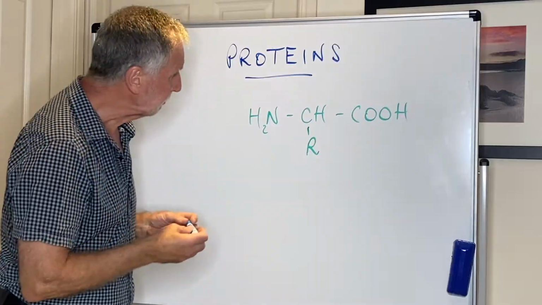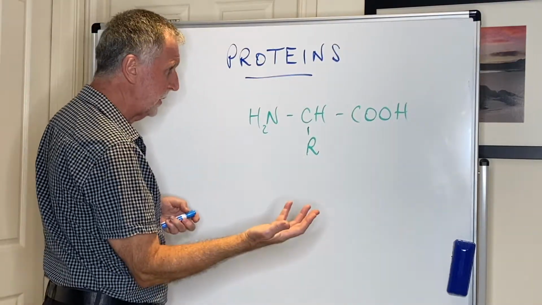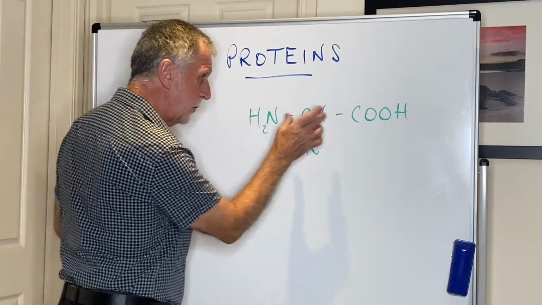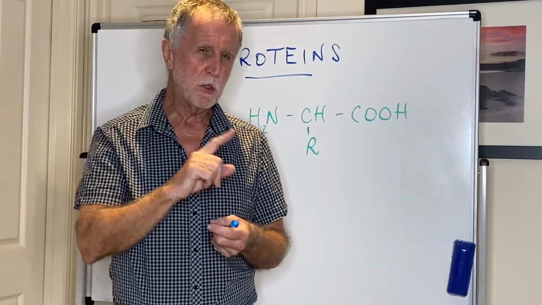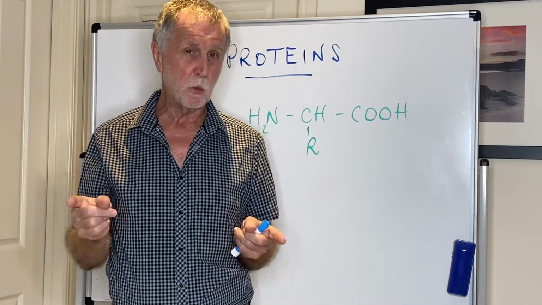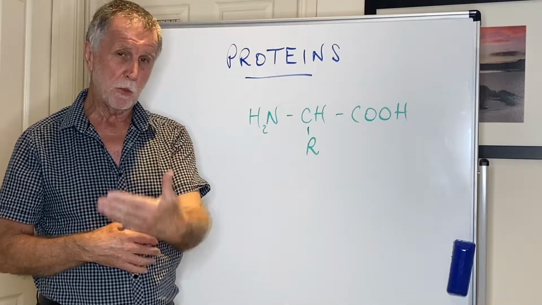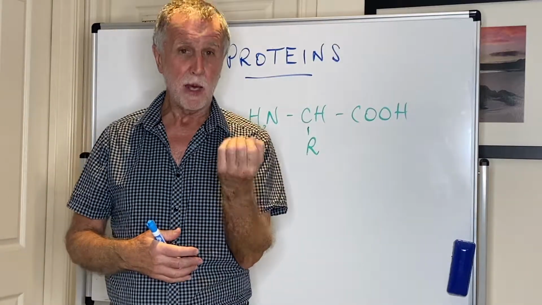Okay? So, when amino acids link together to make proteins, the amino group of one amino acid joins with the carboxylic acid group of another amino acid. Now, if you can just cast your minds back to the pathways we did, almost at the very end, we met reactions of carboxylic acids where when they react with amines, they become amides.